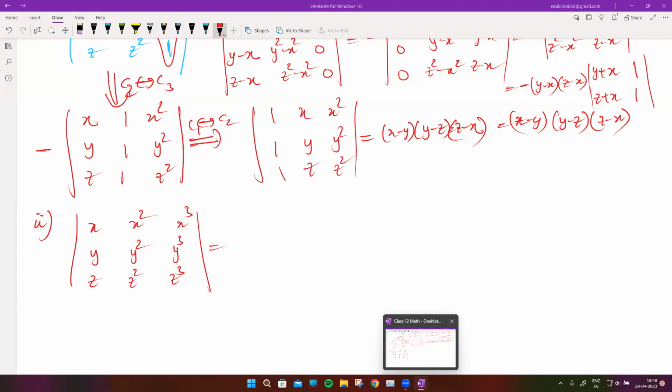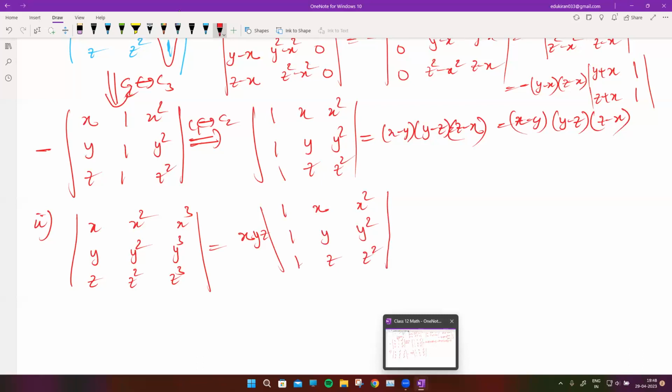From the first row. Yes, sir. So if we take x common from the first row, what are we left with? 1 x square. Then going to the second row, I'm taking y common. I'm left with 1 y square. Then taking z common from the third row, I'm left with 1 z and z square.